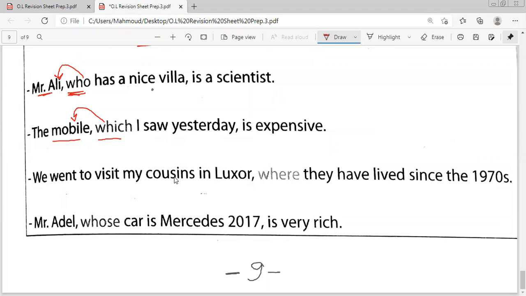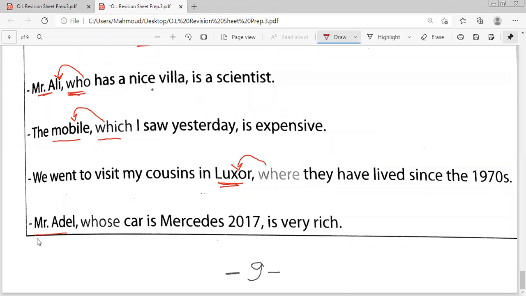We went to visit my cousins in Luxor. Look at Luxor carefully. You'll find that Luxor is a place. So you have to put where after it. Mr. Adel, whose car is Mercedes 2017, is very rich. Maybe you will say now, Mr. Adel is a person, why don't we put who here?